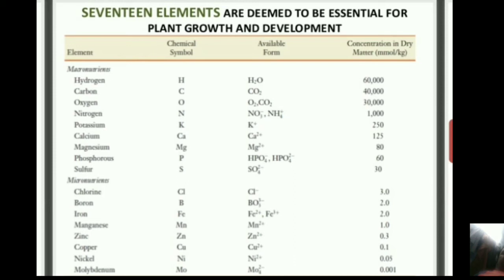In the same way, zinc, copper, nickel, and molybdenum are all available in oxide and ionic forms. Nickel and molybdenum are required in very small amounts when we see the dry weight of the plant body. So these are the various concentrations of macro and micro elements.